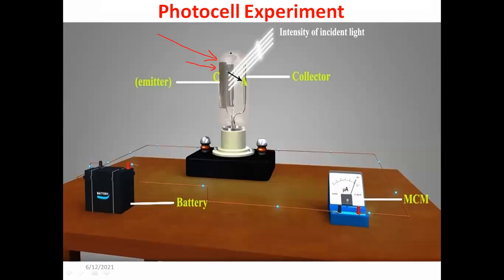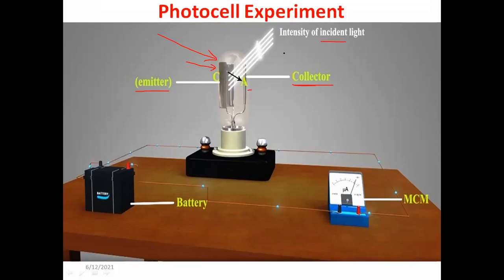This is the glass bulb, or glass envelope, and inside the glass envelope the silver colored part is the cathode, that is C, and opposite to that is the collector, that is the anode. In the photocell, the cathode works as an emitter and the anode works as the collector. Suppose white light, that is visible light, is incident on the cathode.